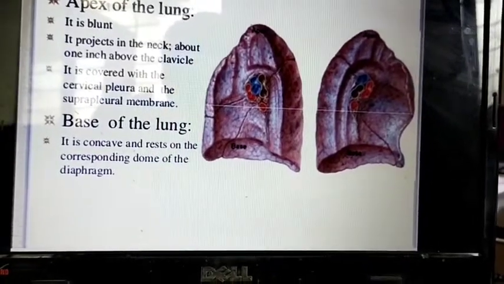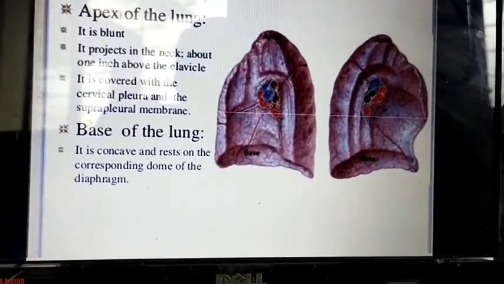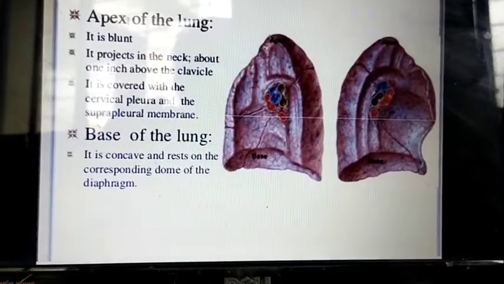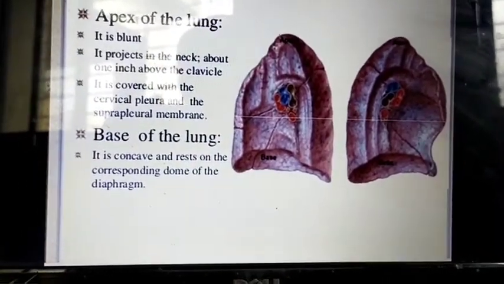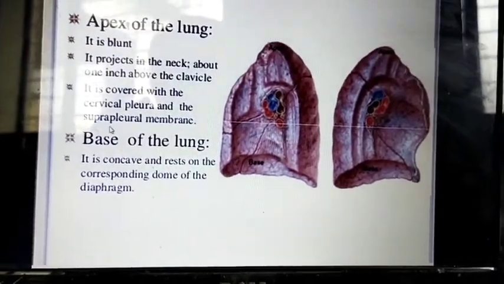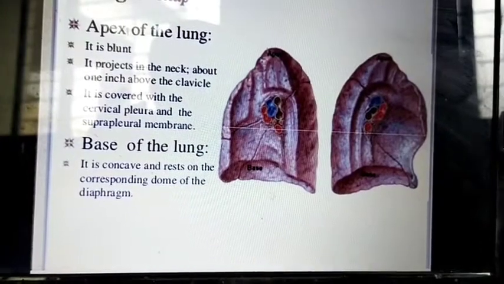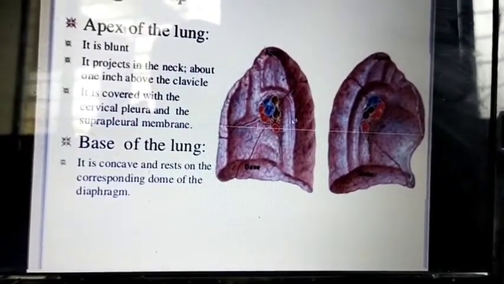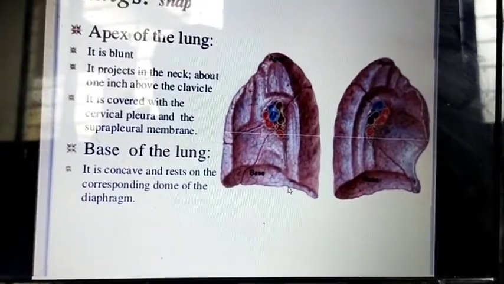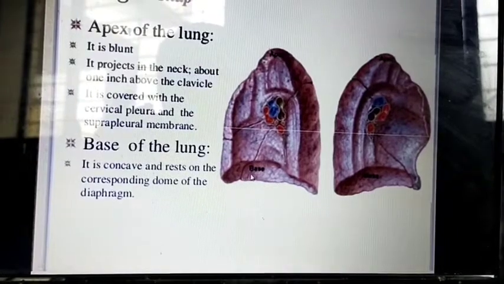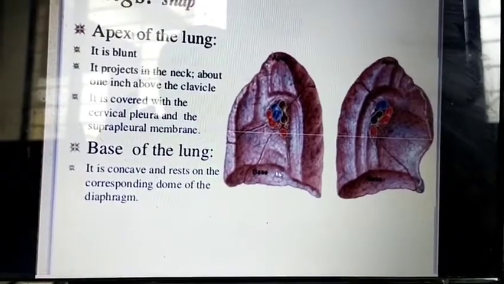It is directed downwards, towards the inferior surface or the abdomen. The base is concave in shape and broad compared to the apex, and it rests on the corresponding dome of the diaphragm.